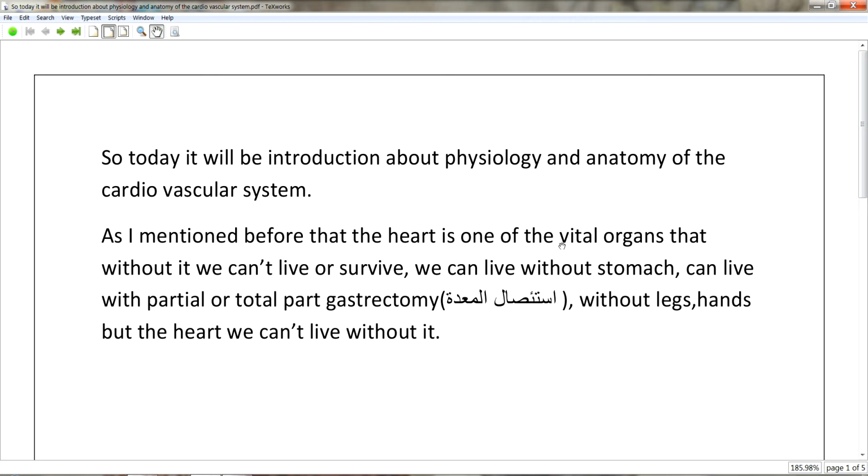We cannot live or survive without it. We can live without a stomach, with partial or total gastrectomy, without legs or hands, but we will never live without the heart.